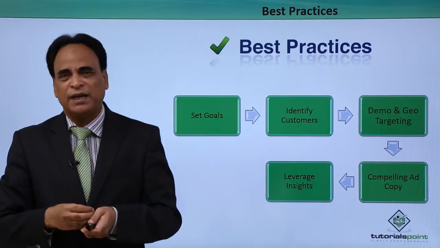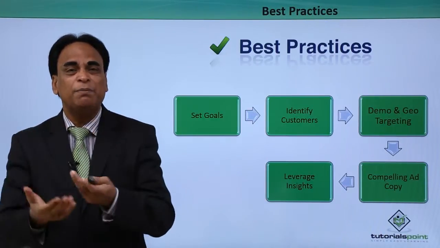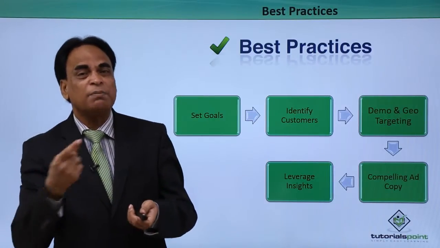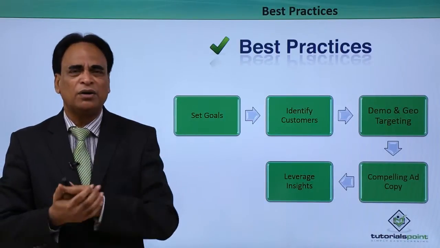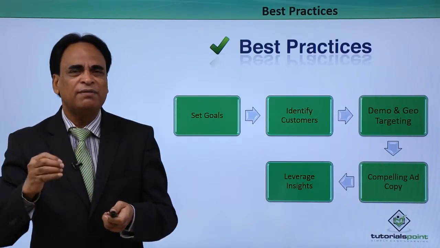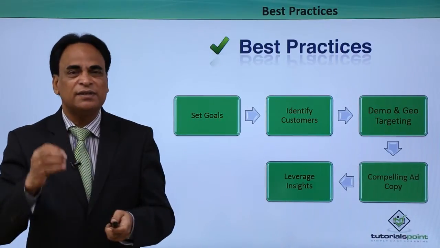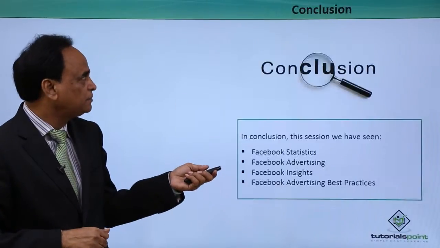Try multiple types of ad copy. Keep on tweaking, keep on improving. The most compelling ad copy generates a lot of clicks, and that is a point that is known all over the world. Make sure that you have a compelling ad copy, and these are some of the strategies that you can think of implementing as far as your Facebook advertising is concerned.